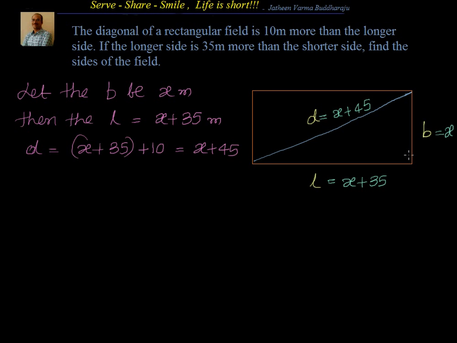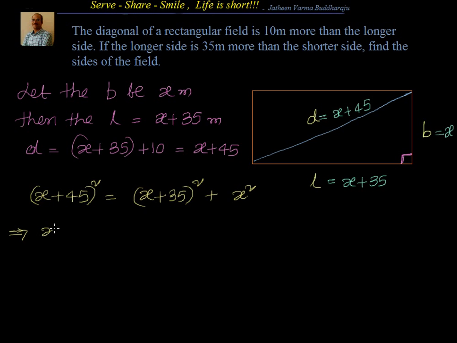Now we know that in a rectangle we have 90 degrees as the interior angle, so we can apply the Pythagoras theorem. If we apply the Pythagoras theorem, we'll have hypotenuse squared, (x plus 45) whole squared, equal to (x plus 35) whole squared plus x squared.